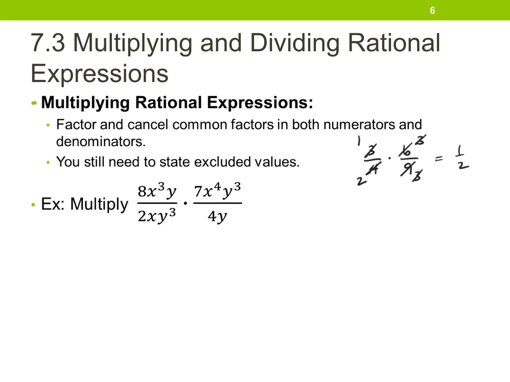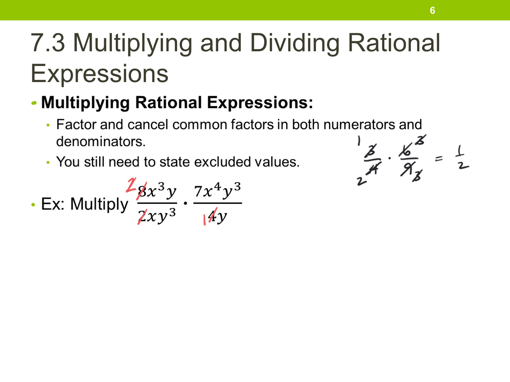Okay, so in a problem like this one here, I would first cross reduce any coefficient. So I would cross reduce the 8 and the 4. So this becomes 2, and then this is the 1. And then I would also cancel out these 2's over here as well.